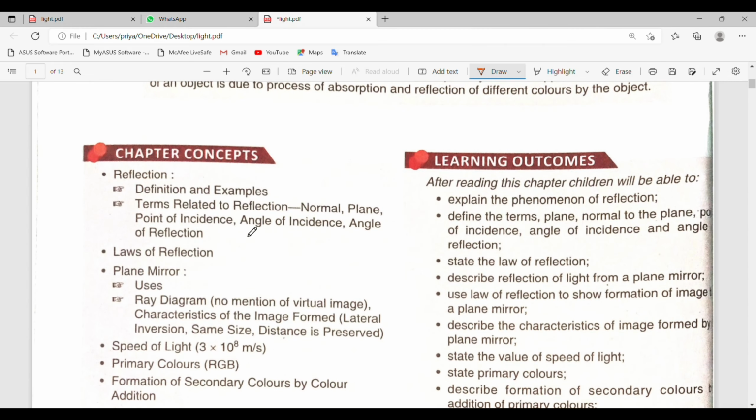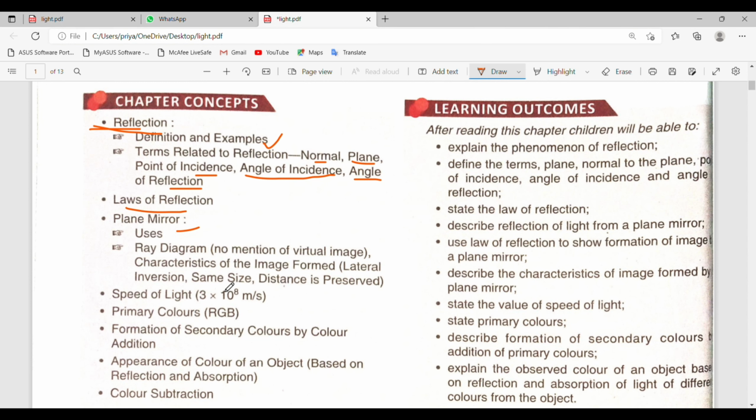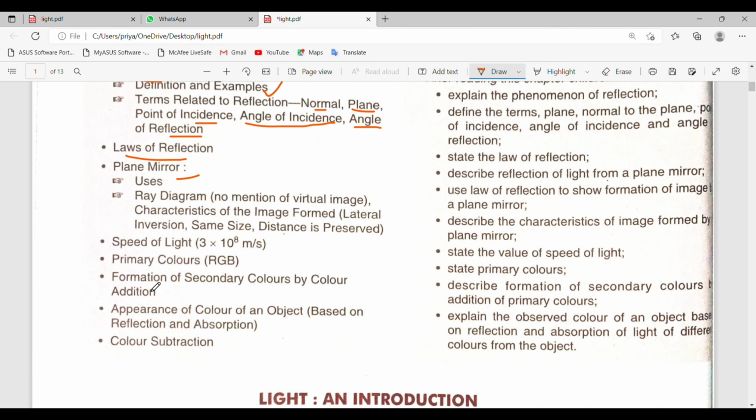In this chapter we are going to study refraction, reflection, definitions and examples of reflection, terms related to reflection, that is normal and plane, point of incidence, angle of incidence, angle of reflection, laws of reflection, plane mirror, uses, ray diagram, characteristics of image formed, inversion, speed of light.